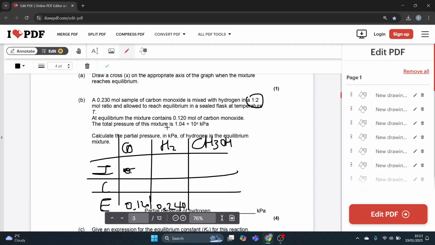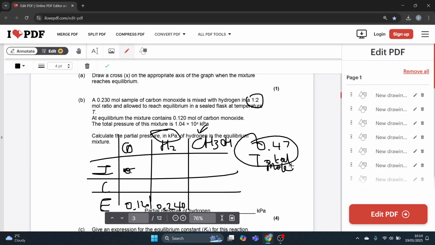I need to work out methanol. I want to find the partial pressure of hydrogen anyway, but I do need to find the total moles. So 0.230. The total number is going to be 0.47, because it's going to be 0.240 plus 0.230. Yeah, that is the total.